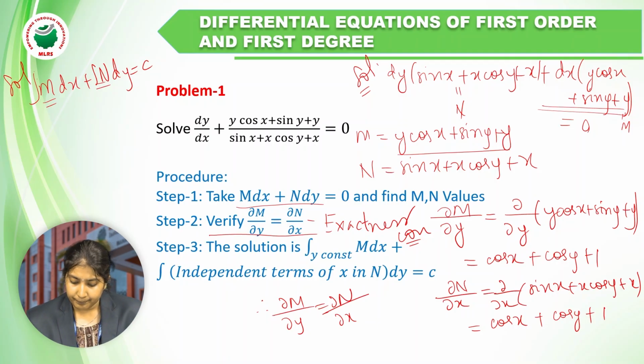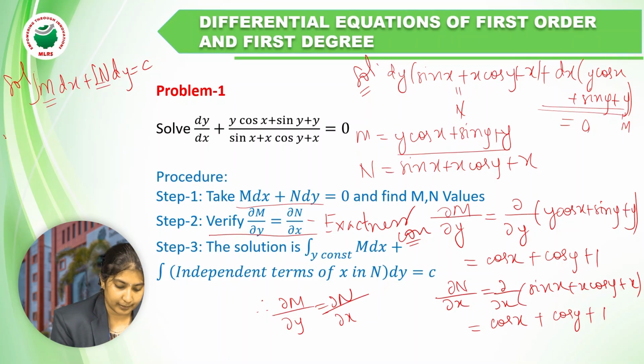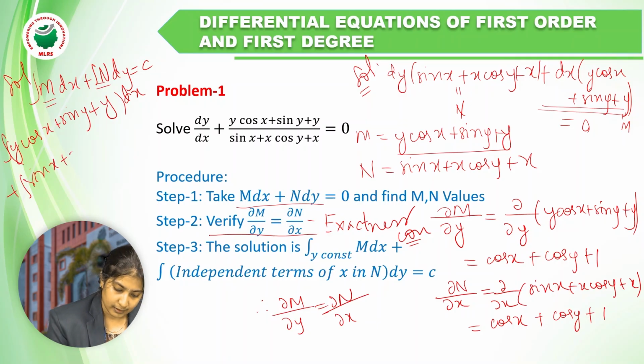So in M, y is constant. Where is my M? Here. So the integral of (y cos x plus sin y plus y) dx plus the integral of (sin x plus x cos y plus x) dy is equal to c.